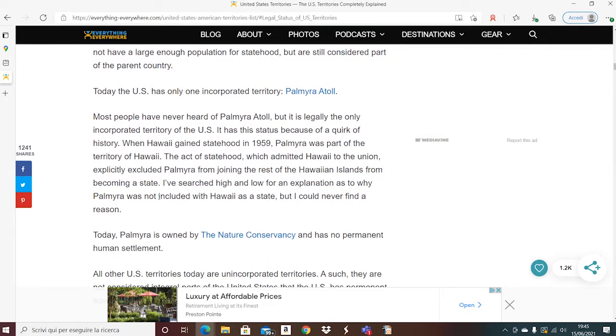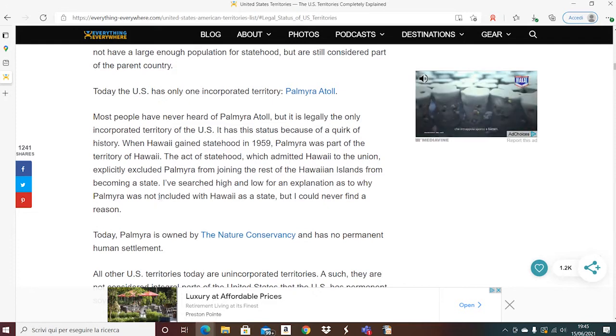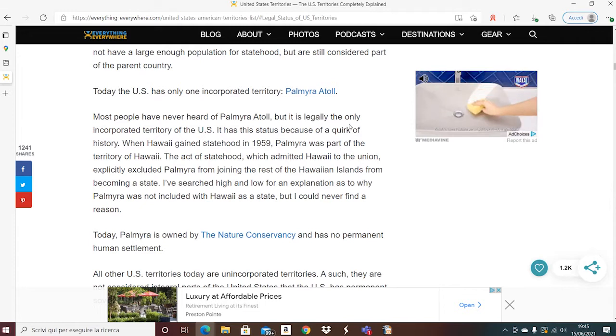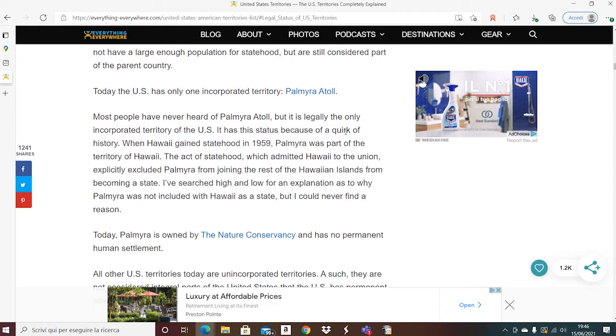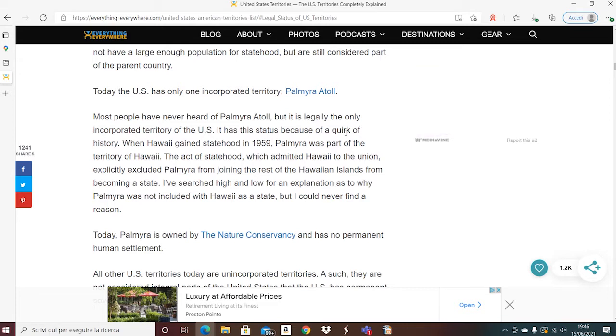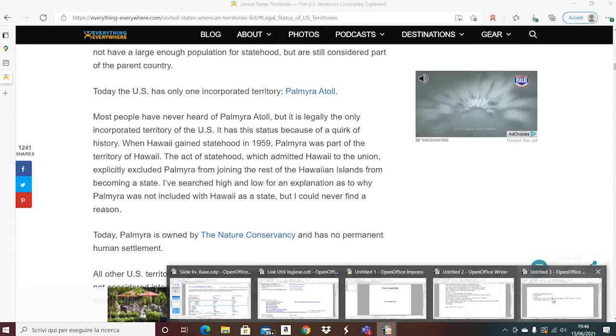It has this status because of a quirk of history. Can you understand the word quirk? No. So something quirky, I'm gonna write it for you.